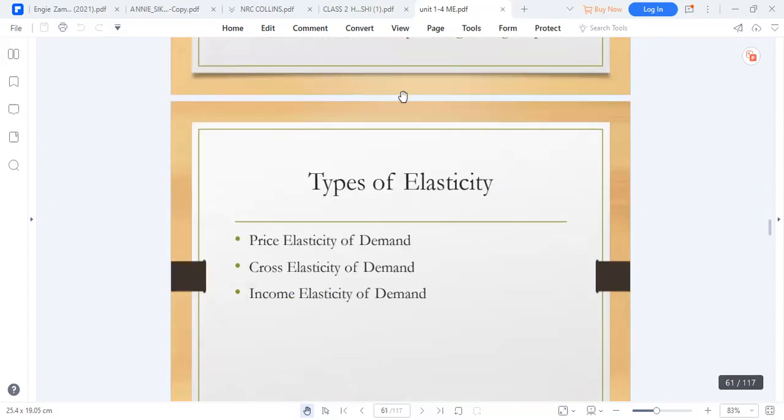So we're going to look in this context at three types of elasticity. We have what we call price elasticity of demand, we also have what we call cross price elasticity of demand, and we have income elasticity of demand. Now, we have different types of goods that we must understand.